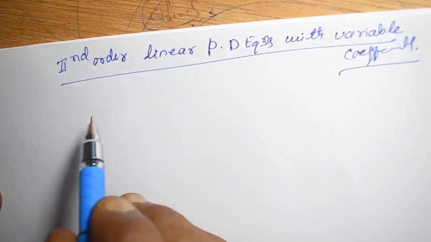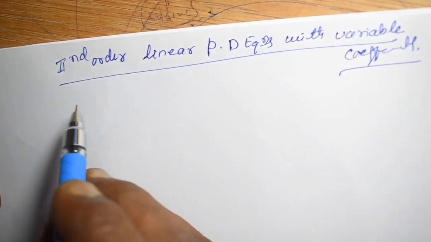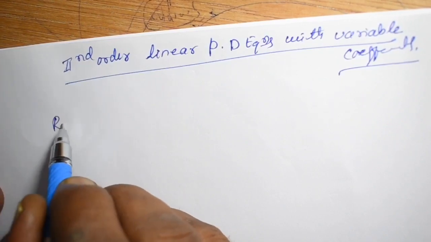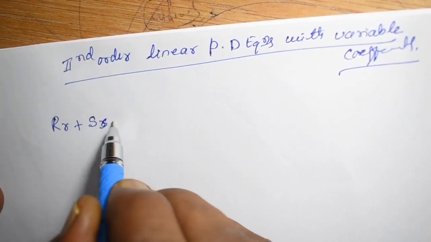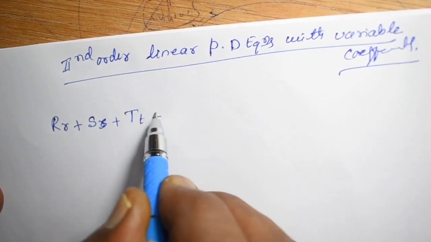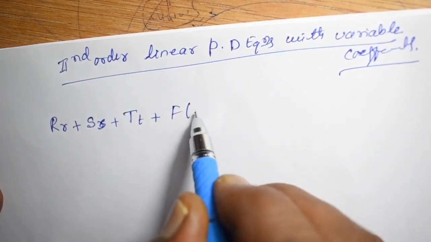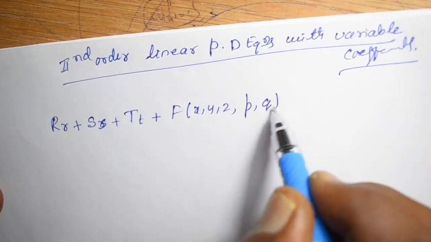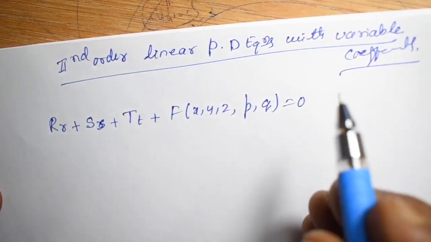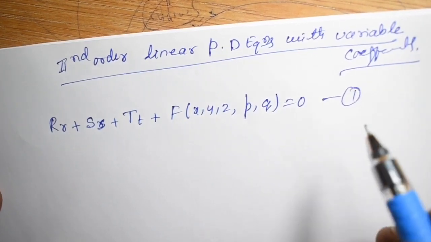The general form of the second order equation is given by capital R into small r plus capital S into small s plus capital T into small t plus capital F of x, y, z, p, q is equal to 0. Call this equation number 1.